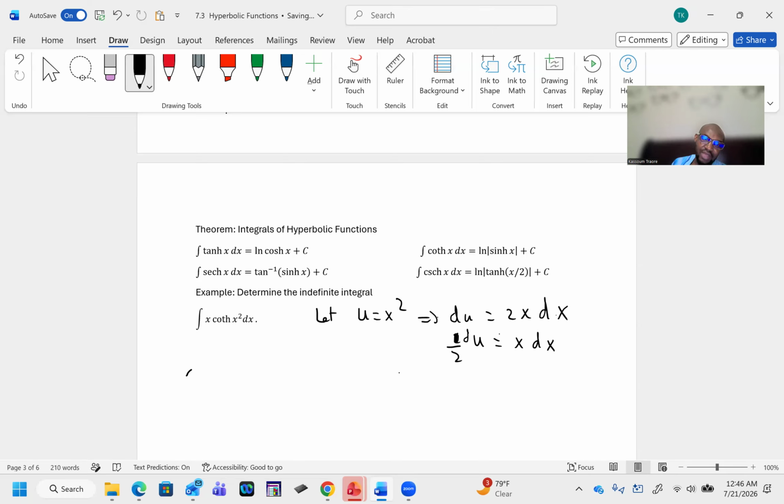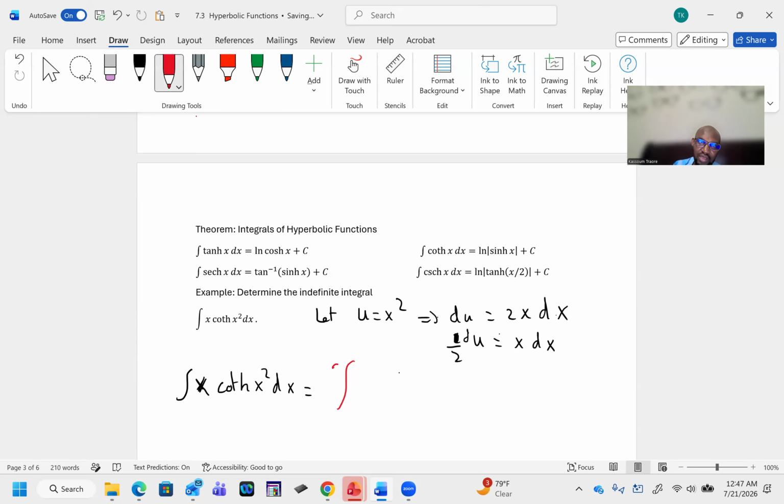So that means if I'm asked to find the integral of x hyperbolic cotangent of x squared dx, by doing my substitution again, of course we said u is what?